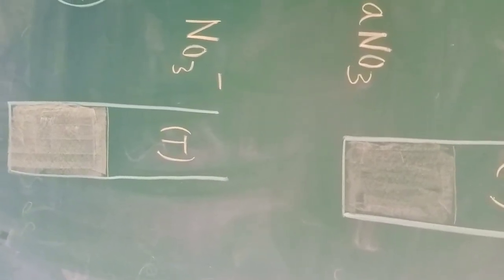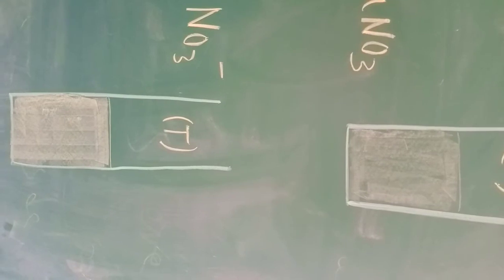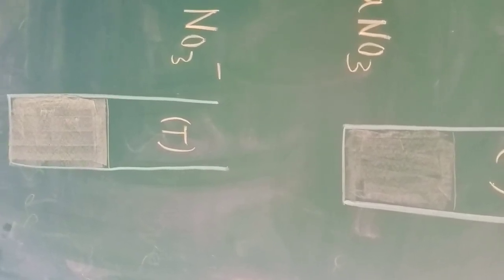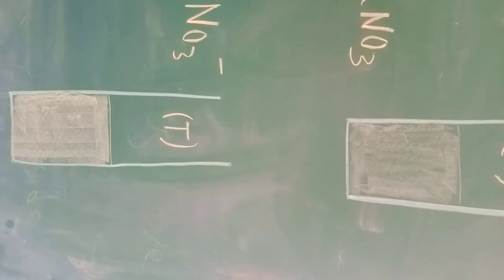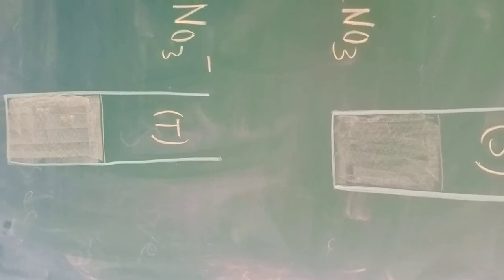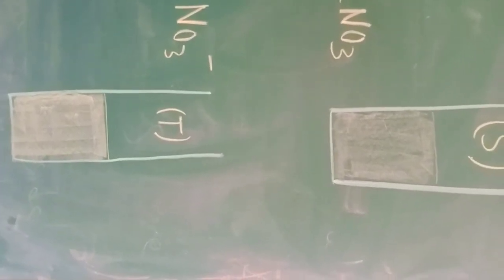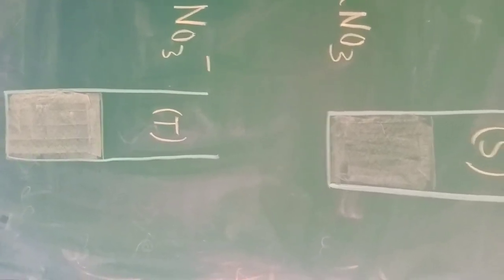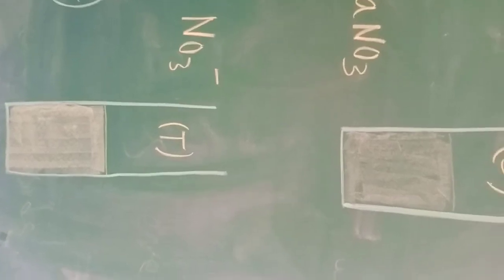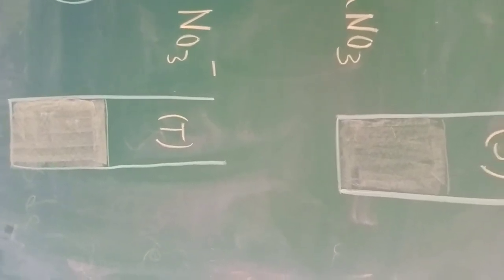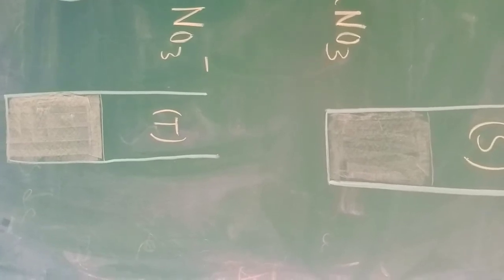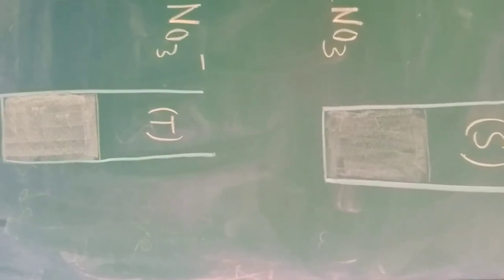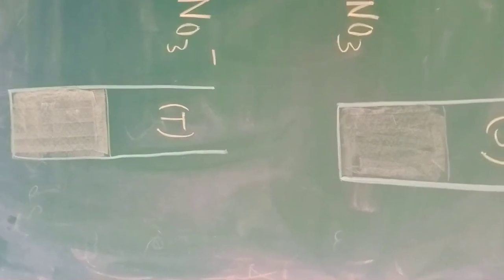However, in both the cases, the turbidity is produced due to formation of silver chloride, which is insoluble under the acidic condition. So, when we compare both of these solutions, that is standard solution and test solution, we can find here that the turbidity of standard solution is less and the turbidity or opalescence of test solution is more.